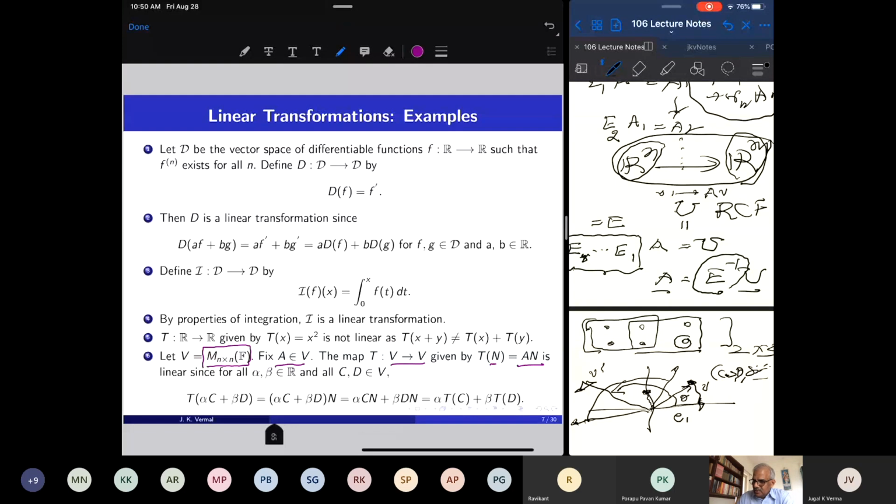By using matrix product properties, it is easy to see that T of (alpha C plus beta D) is A times (alpha C plus beta D), that is alpha AC plus beta AD, that is alpha T C plus beta T D. So left multiplication by a fixed matrix on the space of matrices is also a linear transformation.